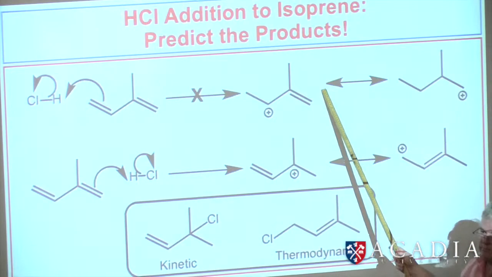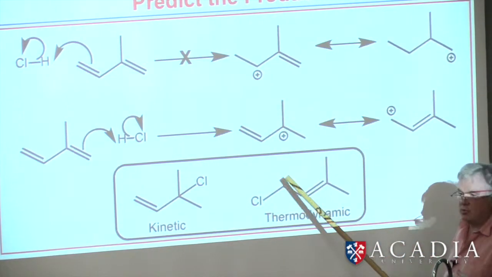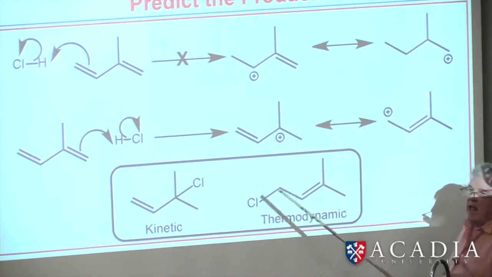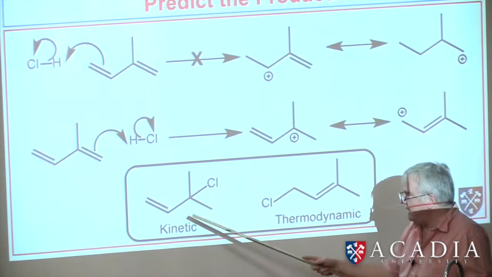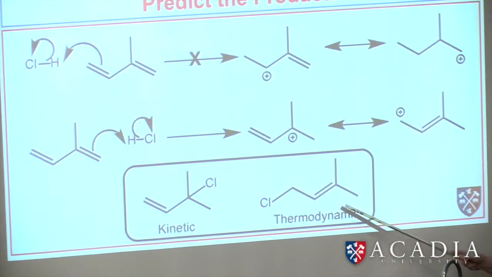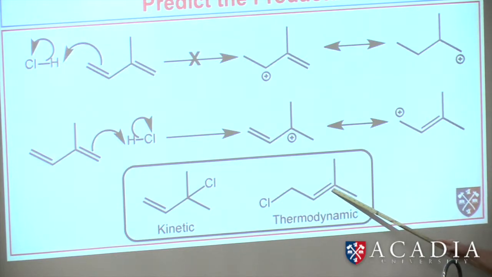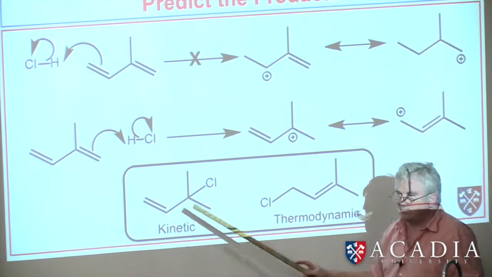To be sure, we will get very minor amounts of product here, but we will get these two products because this is the carbocation. And we can get varying amounts by changing the temperature because we still do have a kinetically controlled versus a thermodynamically controlled product. This is the more substituted alkene, and this is the less substituted alkene.